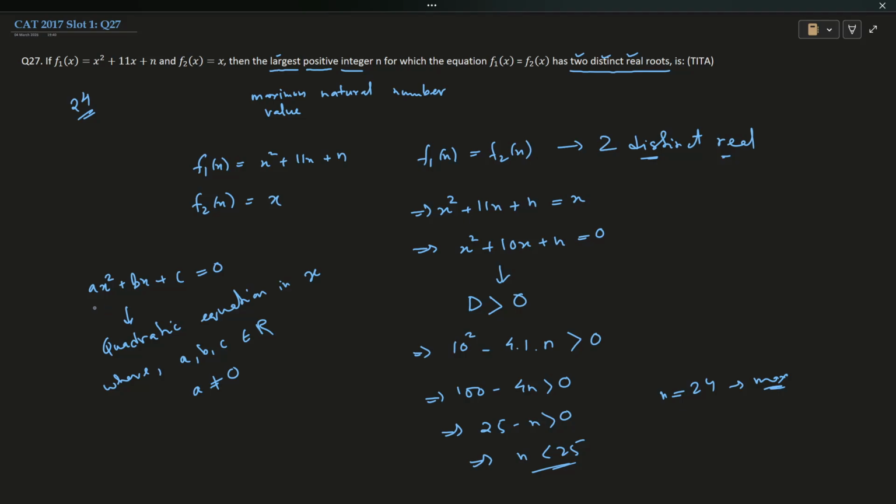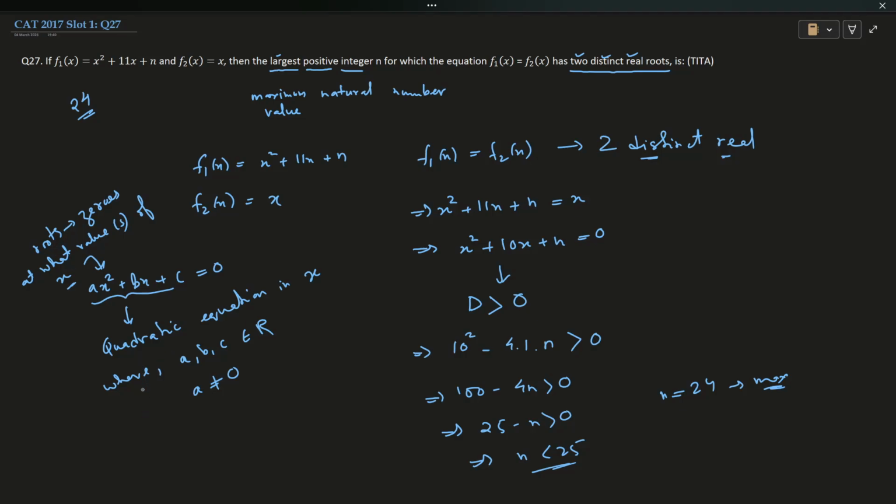And the nature of the roots of this quadratic equation, roots means basically zeros, that means at what value or values of x the quadratic equation will become 0. All right, those are known as the roots of the equation.